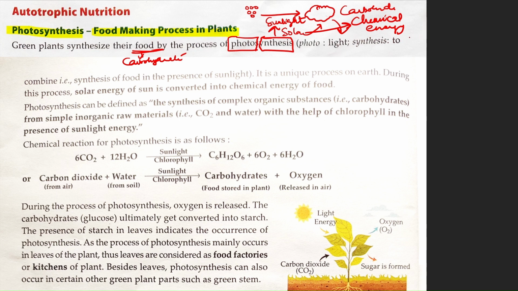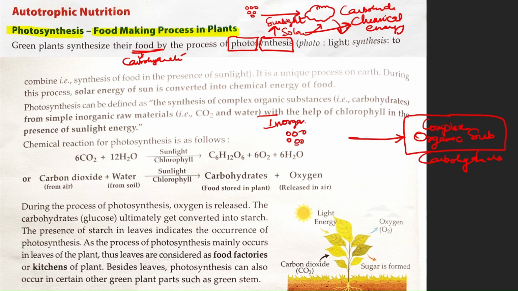Now let's see. Photosynthesis can be defined as the synthesis of complex organic substance called carbohydrates from what? The bits and pieces, that is inorganic raw material.